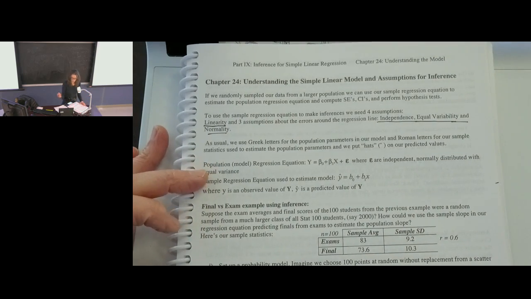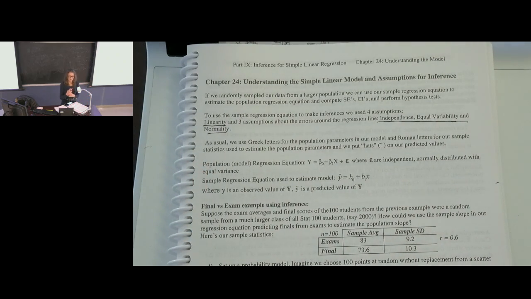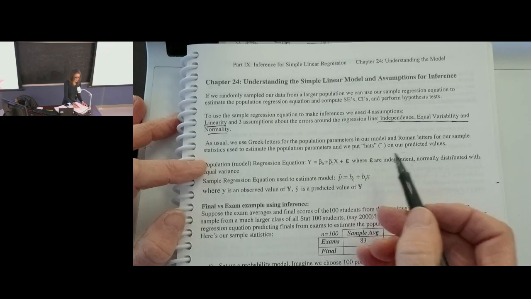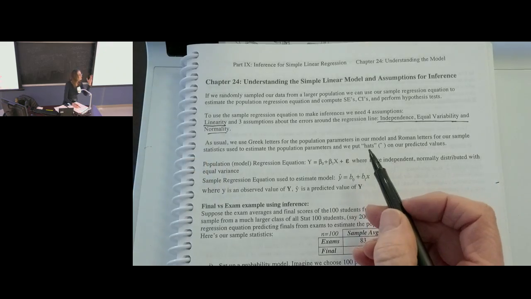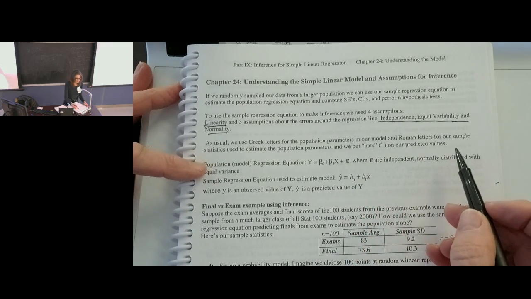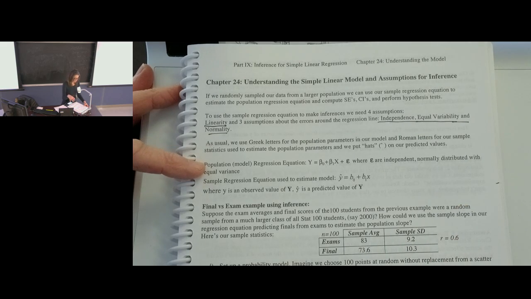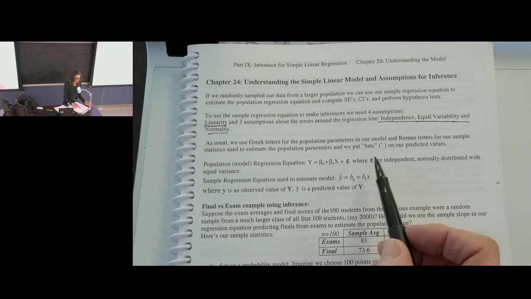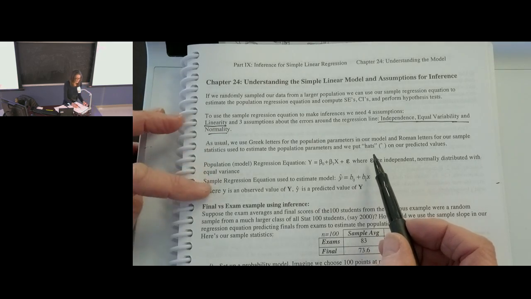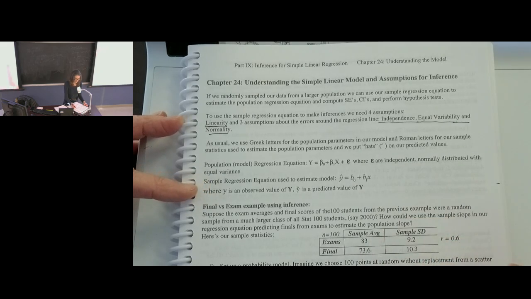As usual, we're going to use the usual notation. We're going to have to be a little more careful now to use the Greek letters for the population. That's our ideal model that we're trying to estimate. And then the Roman letters for what we get in our actual sample. And then we use those little hats that we've been using to indicate our predicted values.